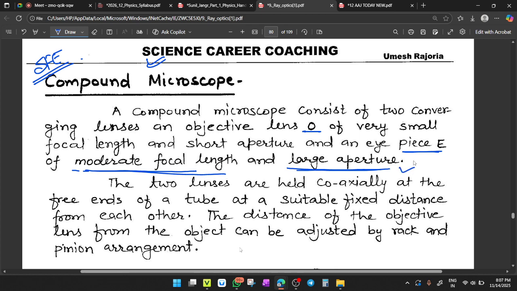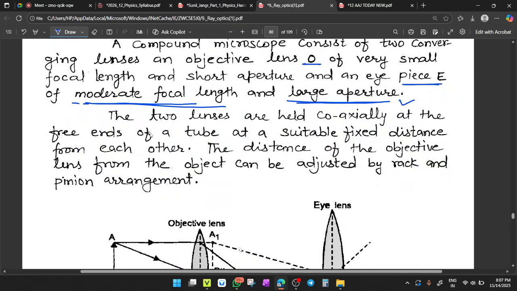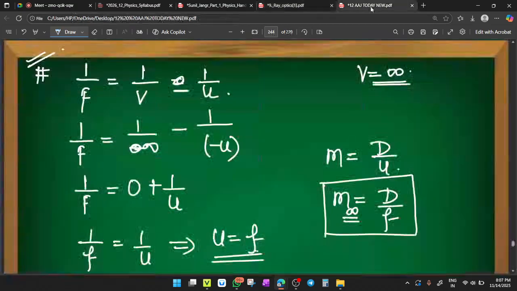Understood everything? So the two lenses are held coaxially at the free end of a tube at a suitable fixed distance from each other. The distance of the objective lens from the object can be adjusted by a rack and pinion arrangement. If you have already worked with a microscope, then you know this arrangement between objective and eyepiece.